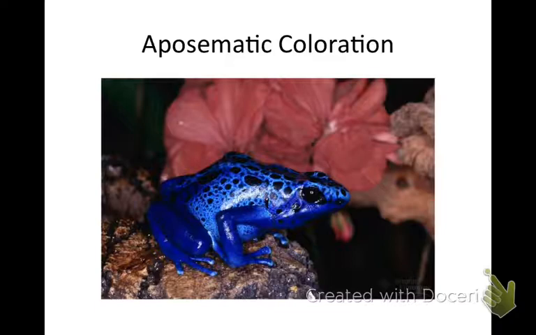That color is not for you to go, oh, that's so cute, I want to pet him, he's just so cute looking. That is a warning saying, don't touch me, I'm poisonous. Don't touch me. I got poison all in me. It might leach through my skin and get on you, and then you could die if you try to eat me, or I'm going to make you really sick. So it's pretty much a, hey, back off type of coloring.